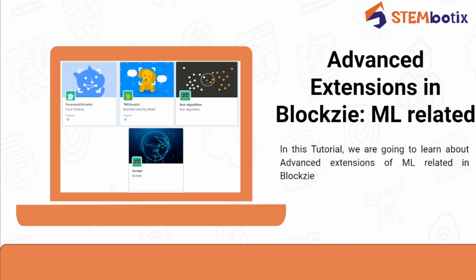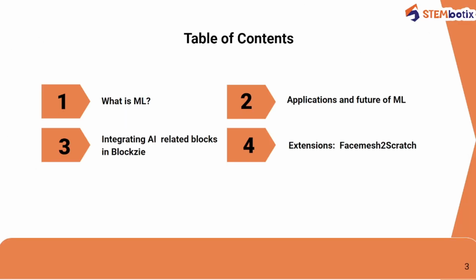So this particular tutorial is based on the ML advanced extension and the latest technology which we are seeing around us today. This tutorial is dedicated to the advanced extensions in Blockzie which are ML related. Here we are going to see different extensions in Blockzie related to machine learning. The table of contents for this tutorial is divided into four parts.